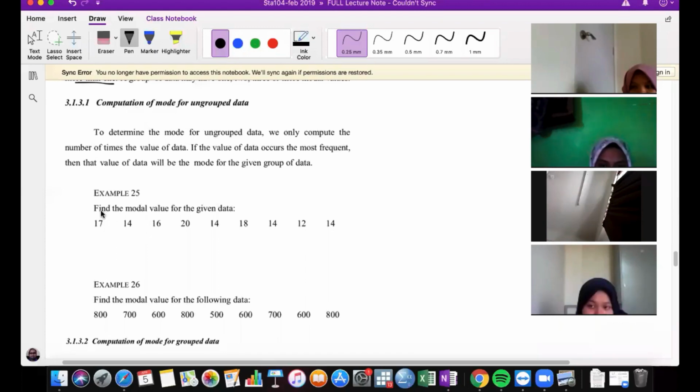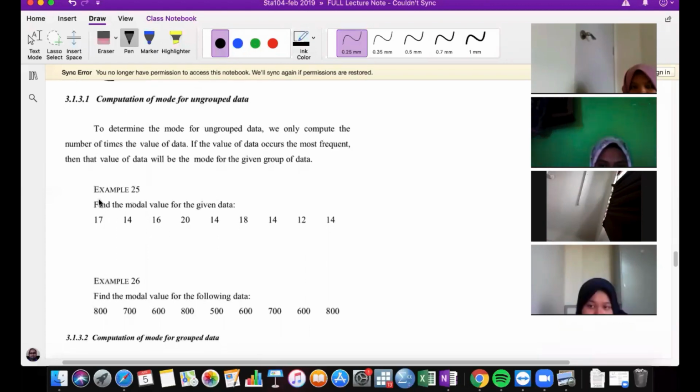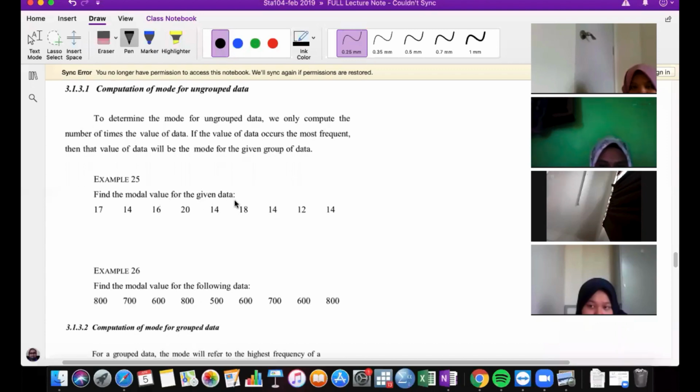So find example number 25, find the mode value for the given data. So now we look at 17, 14, 16, 20, 18, and we have 12. So 17, how many observations? We have only one, right? 14, we have 4. 1, 2, 3, 4.